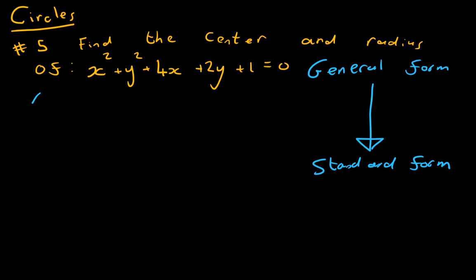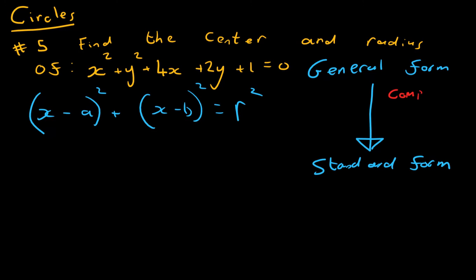As soon as this equation is in standard form, we can deduce straight away the coordinates of the center and the radius. And I hope you can all recognize that a method of converting general form to standard form is completing the square.